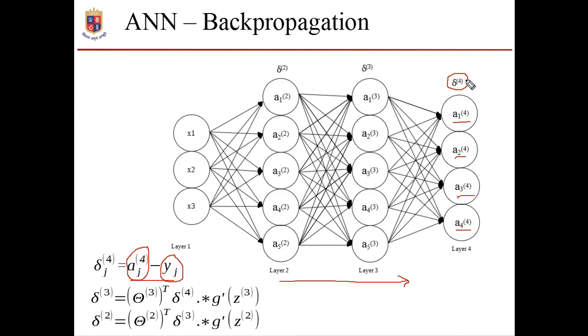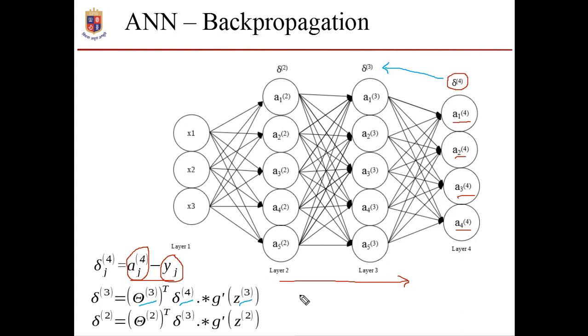Moving ahead, we want to calculate the error for the third layer. That is, we want to derive the error from delta 4 for the third layer, that is delta 3. So you already have delta 4, you already have theta 3. Theta 3 refers to all the weightages which had been available at the time of calculating feed forward, where you are connecting the neurons of the third layer to the fourth layer, and then you have Z3.